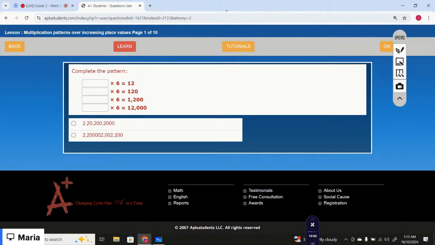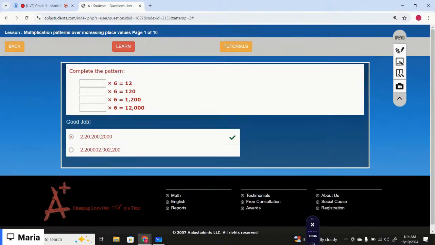So which is the correct option? That's option number 1. 2, 20, 200 and 2000. The correct option is option number 1.